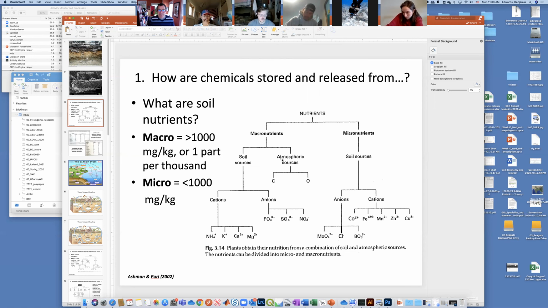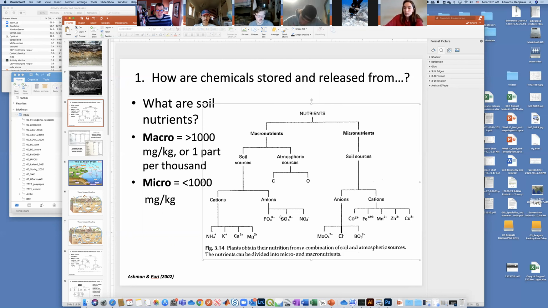And then we can further break these things down on a more chemical basis, where we can divide the nutrients into cations versus anions. The major macronutrients that are going to be cations are potassium, calcium, magnesium, and nitrogen.